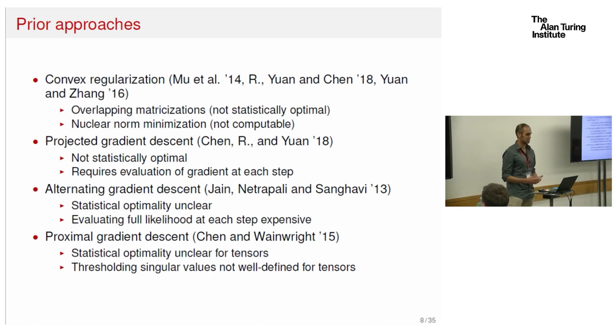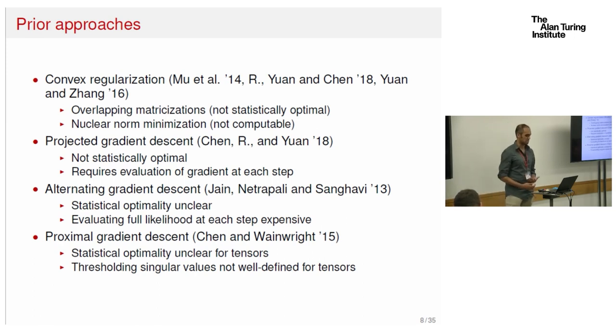This is a very brief overview of the literature, but there are ones that take notions of matricizations and extensions of matrix approaches, and these are typically computable to some degree, but not really statistically optimal, because you're ignoring tensor information. There is a notion of a tensor nuclear norm that you can use, but that is totally not computable at all, so it just doesn't work up front.